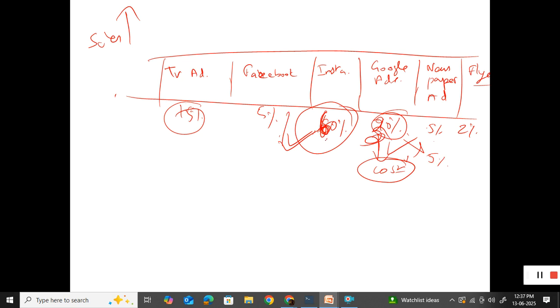Whereas here you spend 60 percentage of cost, but the conversion is almost 50 percentage. Okay, so 30 percentage here, and here, if you spend 60% of the cost, even if you double it, what will happen? So 5 percentage, 10 percentage, it will become 10 percentage only.